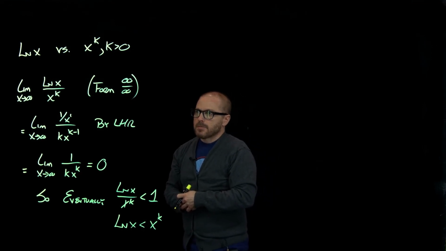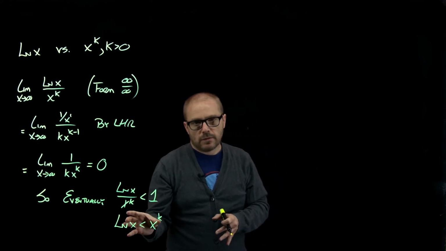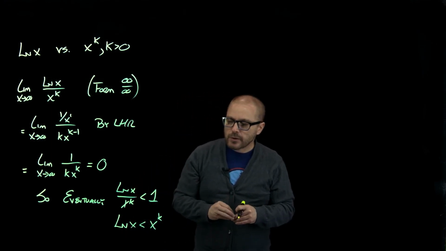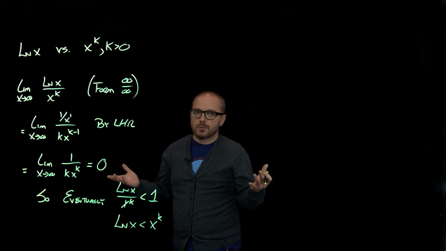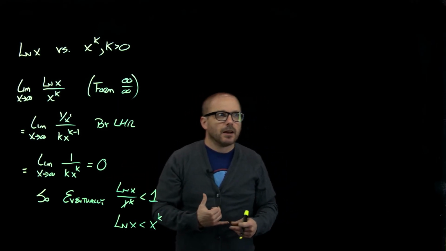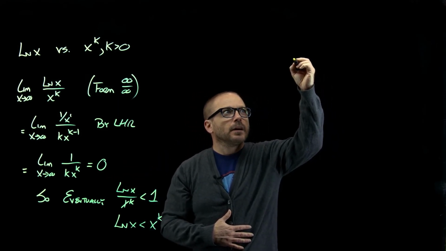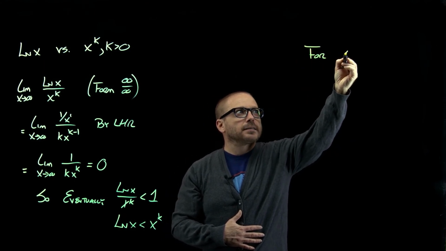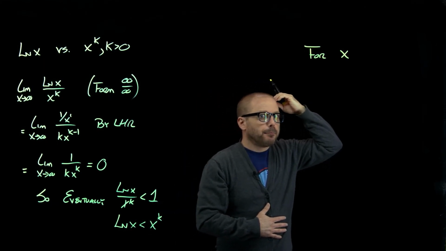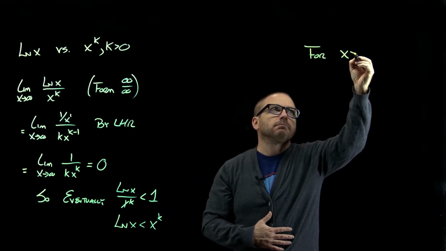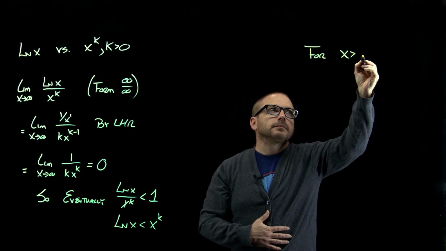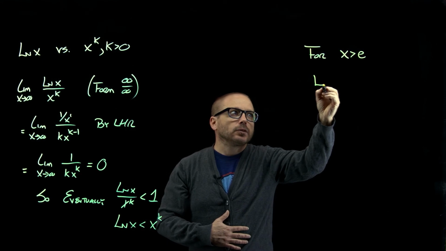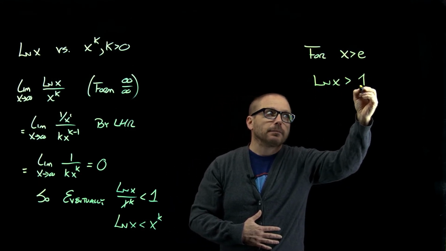Now, this typically works great when the integral you're looking at actually turns out to be convergent. The other comparison you can do that's somewhat trivial, but just don't forget about it, is that on the flip side, for x bigger than e, natural log of x is bigger than 1, right?